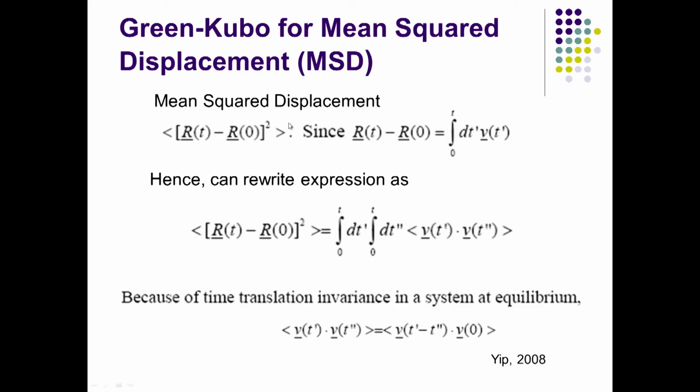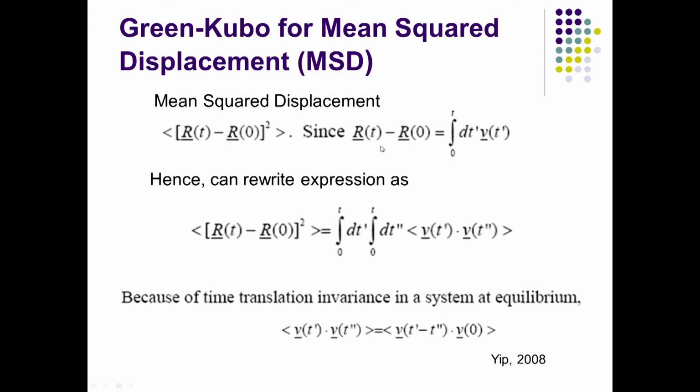You have the mean square displacement, defined with r, the position at time 0 and at time t. The brackets say that it is averaged, but it is mean squared, so the square displacements are collected and averaged.